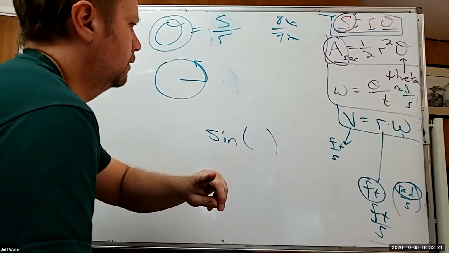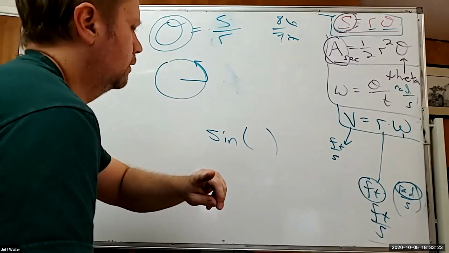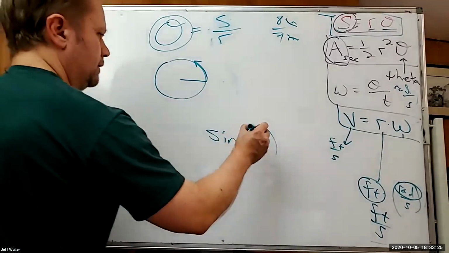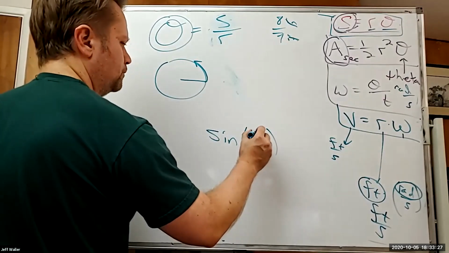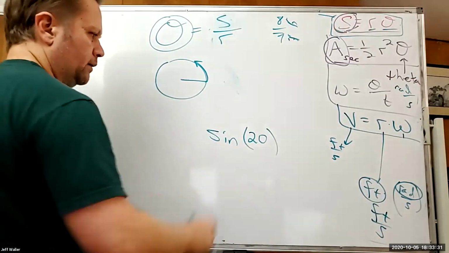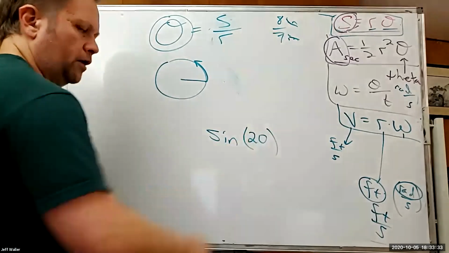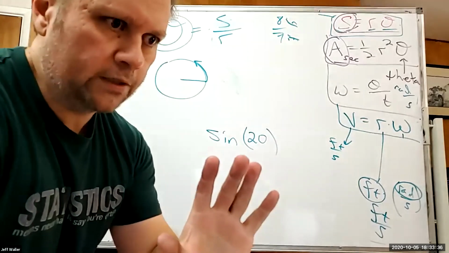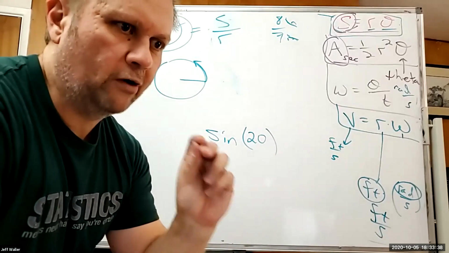If it was asking you for theta, you would have to put radians behind. So if I see this problem, I know that's radians because there isn't a degree on it. Very good question. You do not have to put the rad on it.